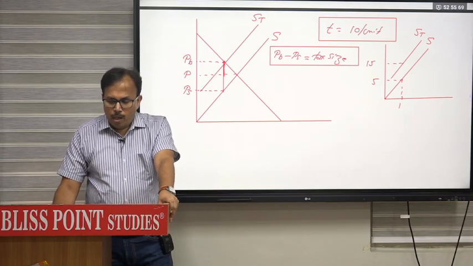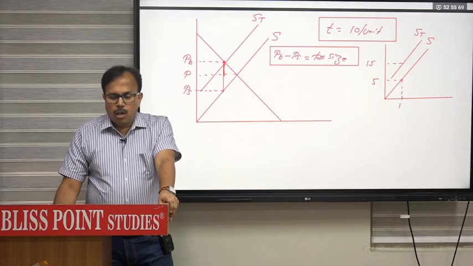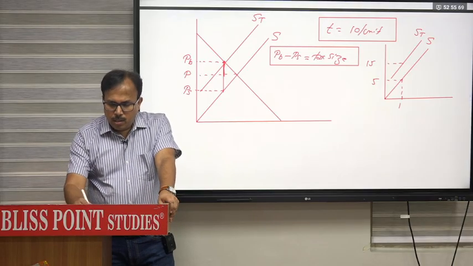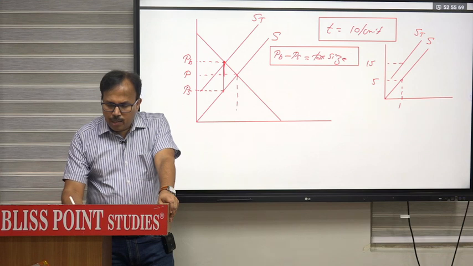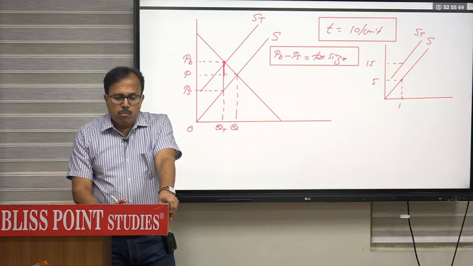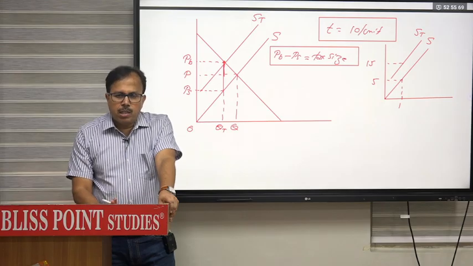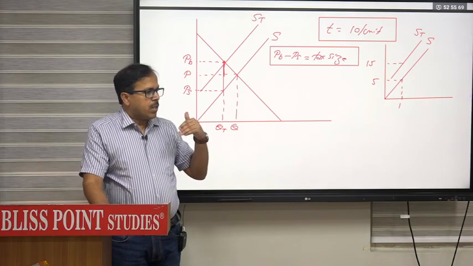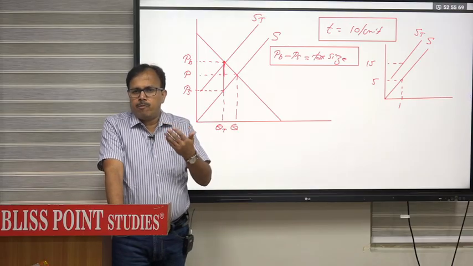Clear? Now the question is obviously we'll calculate it, but this is the quantity without tax, this is the quantity after the tax. We need to calculate all those numbers for any numerical value. Naturally the burden is on the buyer and seller both, because when tax was 10 rupees, price goes up only by 4 rupees.